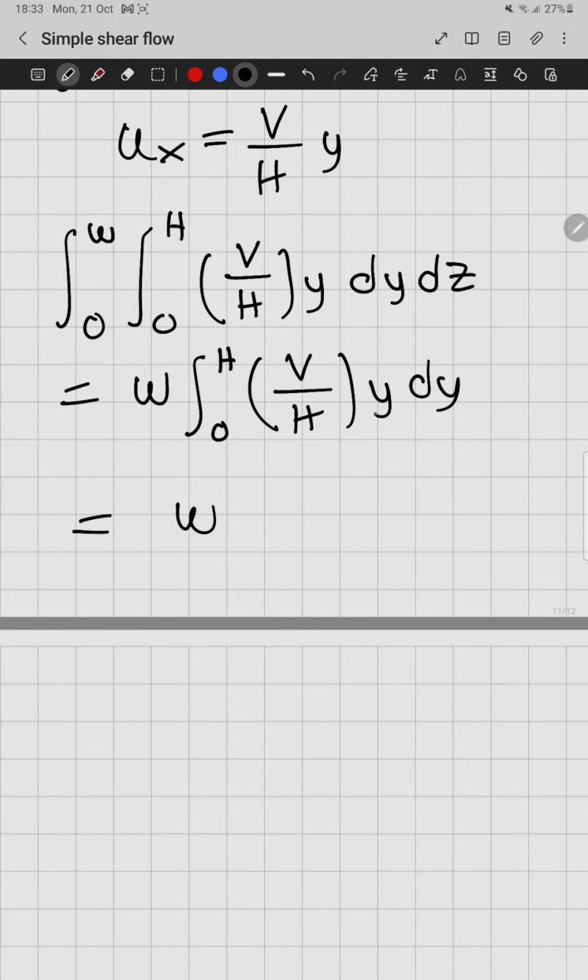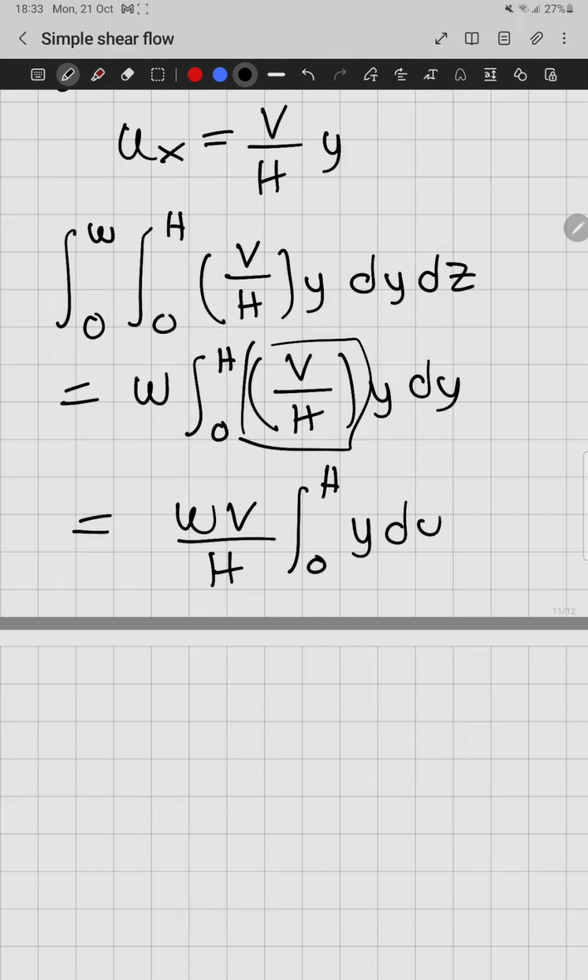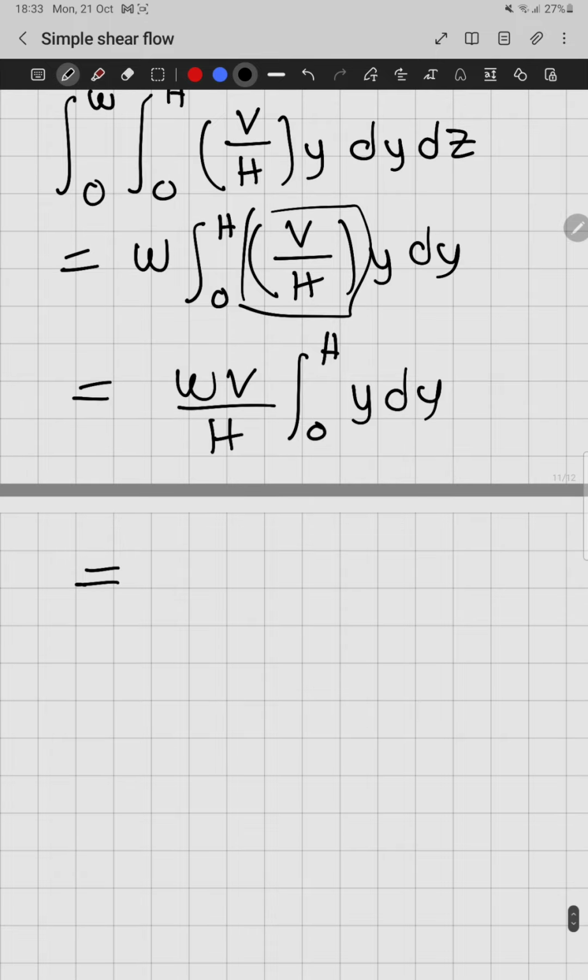remember, all of this is constant, so b over h. You remember this is simply integral calculus.